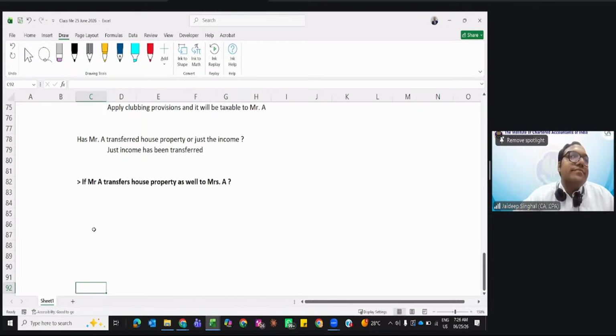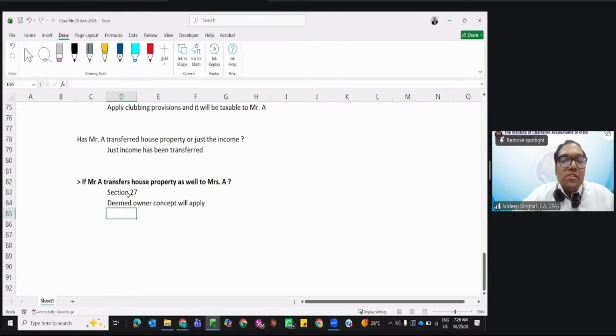Correct. Arun Sagar says, Lakshmi, this is section number 27. Section 27, deemed owner concept. Then clubbing will not apply, deemed owner concept will apply.